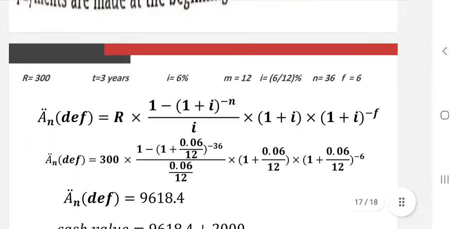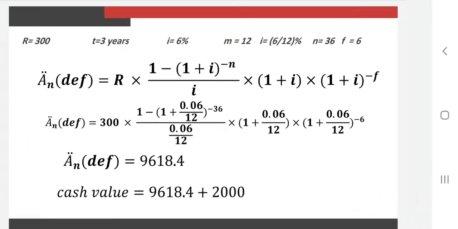We will include 1 plus I. So the formula A double dot N deferred equals R times 1 minus 1 plus I to the power negative N over I, times 1 plus I, times 1 plus I to the power negative F. And A double dot N deferred equals $9,618.4, and for the cash value we add 2,000 to A double dot N deferred: 9,618.4 plus 2,000.